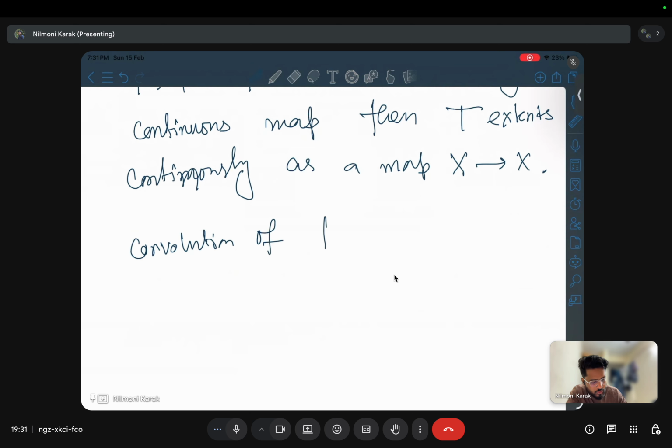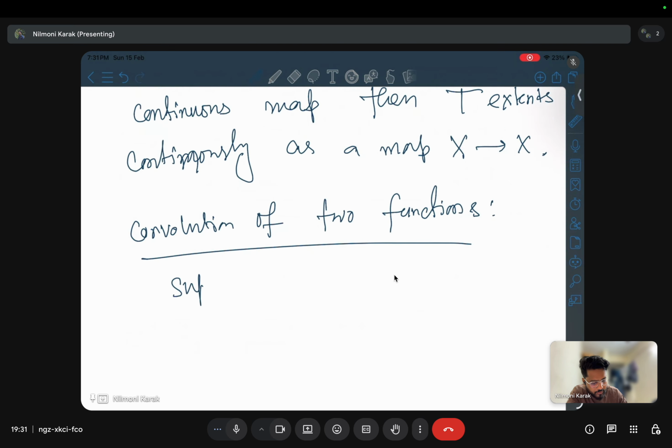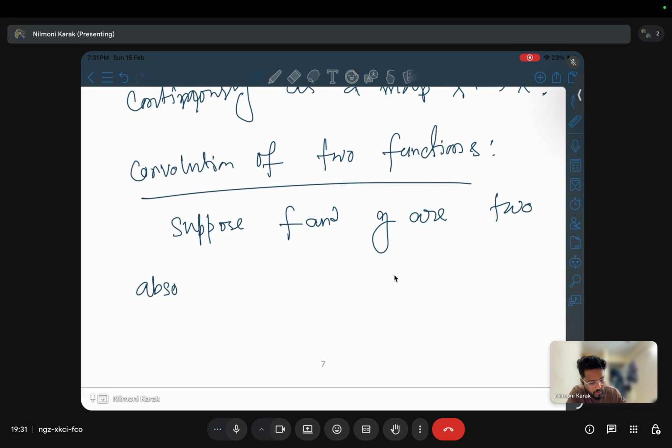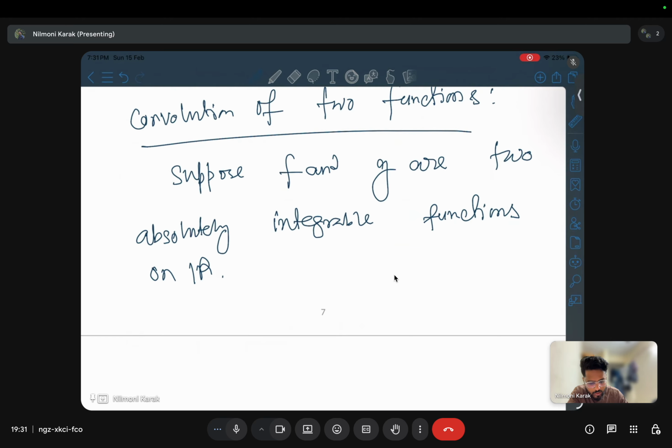Suppose f and g are two absolutely integrable functions on R, that means they belong to L1.